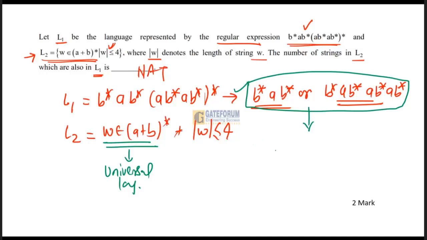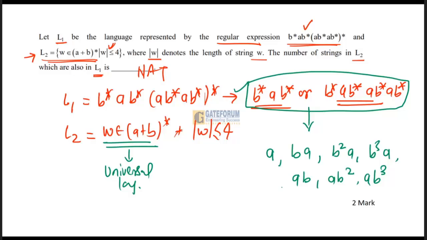So it can generate A, it can generate BA, it can generate B square A, it can generate B cube A, that is for length. So we can validate AB, A B square, it will generate A B cube also, and it will generate BA, right?